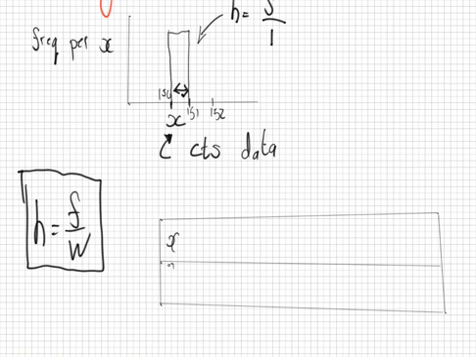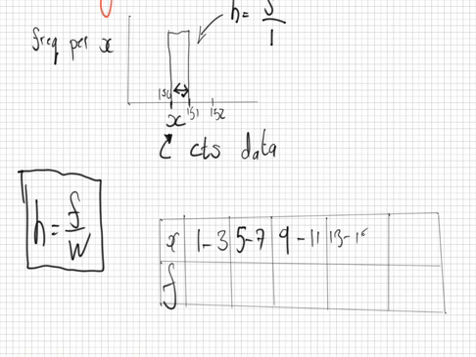So here's our X and here's our F. So let's say 1 to 3, 5 to 7, 9 to 11, 13 to 15, 17 to 19, with frequencies 5, 10, 2, and 3. Okay, so I'll just give you a minute to write this table down. So I'm going to draw a histogram for this one here.